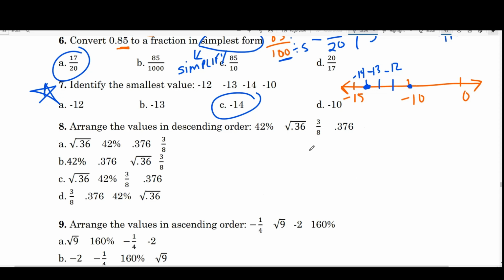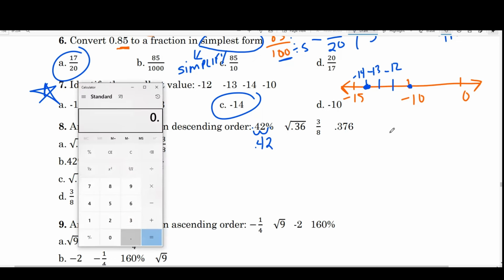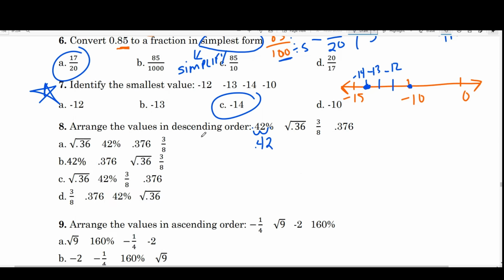So I know to go from a percent to a decimal, I go 2 places to the left. That's going to give me 0.42. The square root of 36, I can put in my calculator. That's going to give me 0.6. We want to change 3/8 to a decimal.